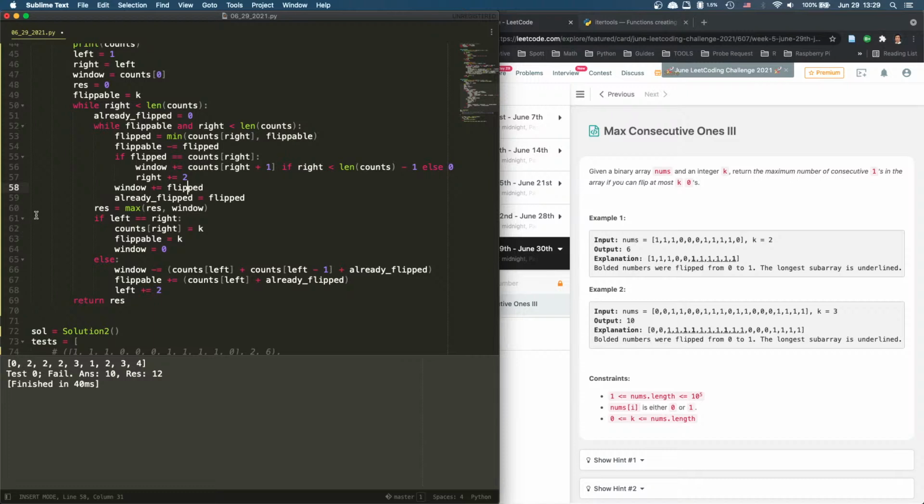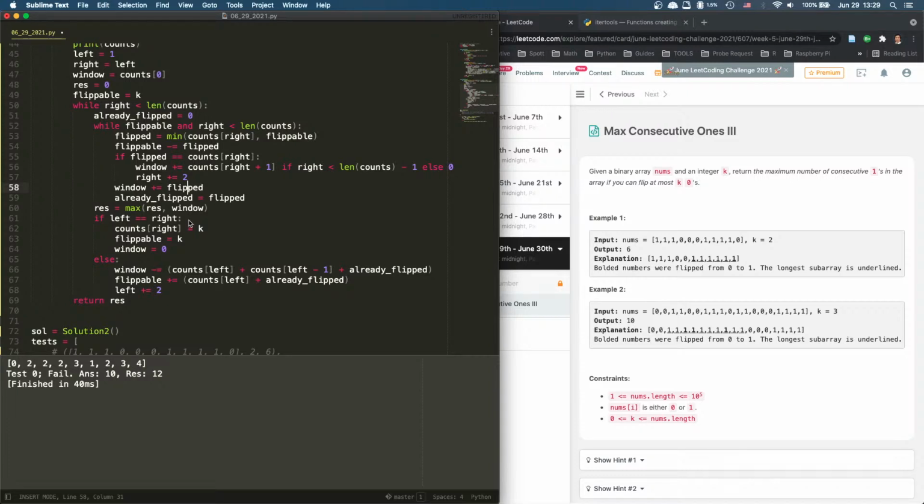And if left equals right, which means they're in the same position, and we already have that value, so we're going to shrink the counts. So shrink the counts to k, flippable back to k, and then reset window, right? Otherwise, window is going to minus counts left, and counts left minus 1, and the already flipped, right?